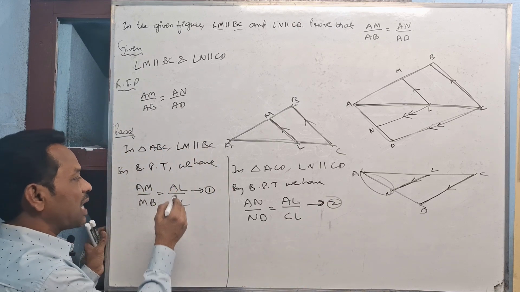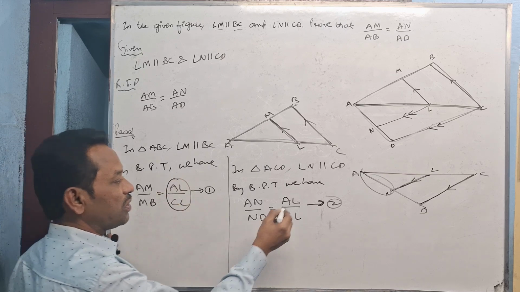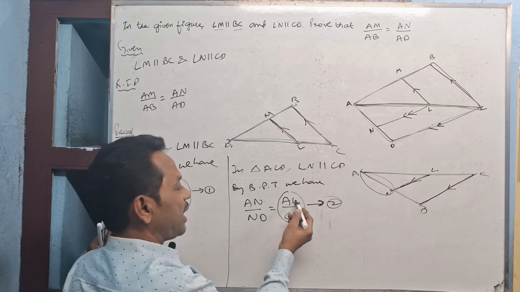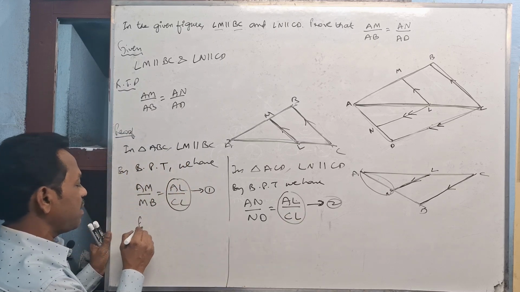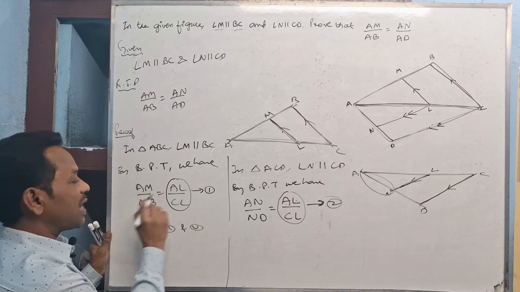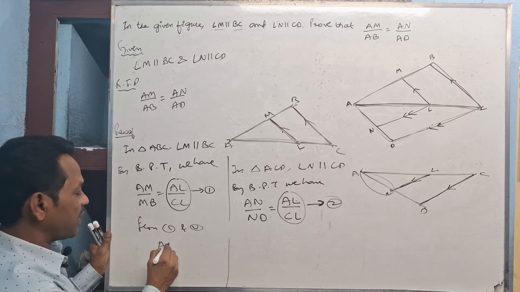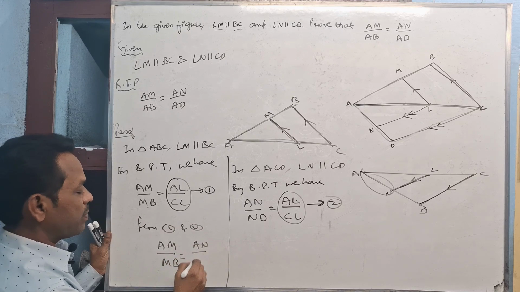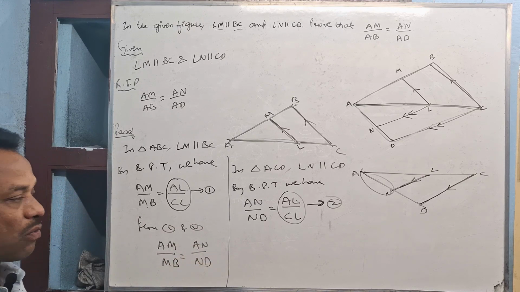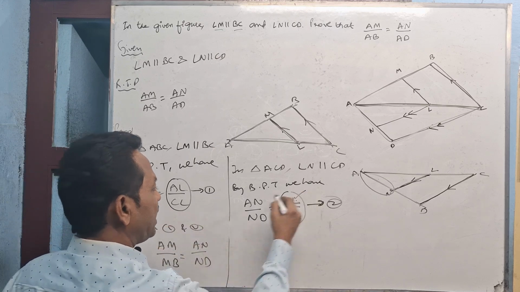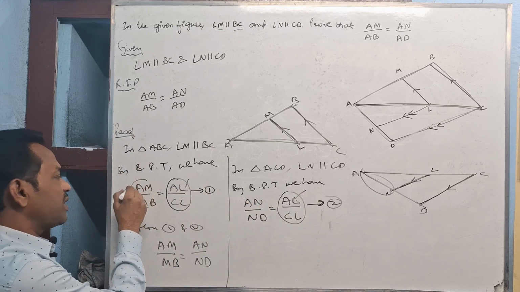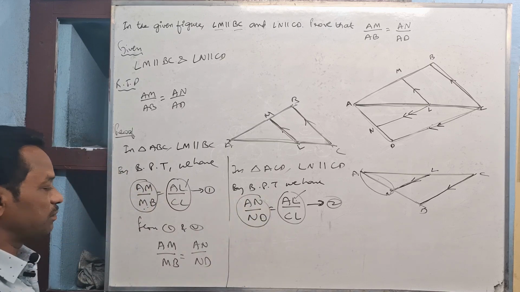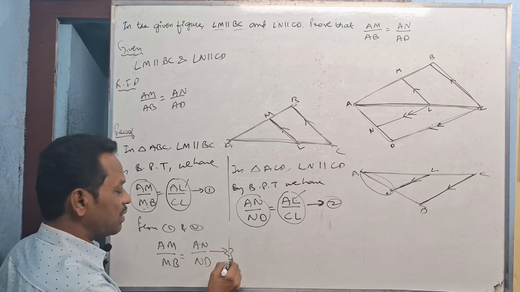In these two equations, our RHS are equal: here RHS is AL by CL, here also AL by CL. Therefore, from 1 and 2, the LHS are equal. We can say AM by MB equal to AN by ND. So we can say LHS of this equation equals LHS of this equation. Let me take this as equation 3.